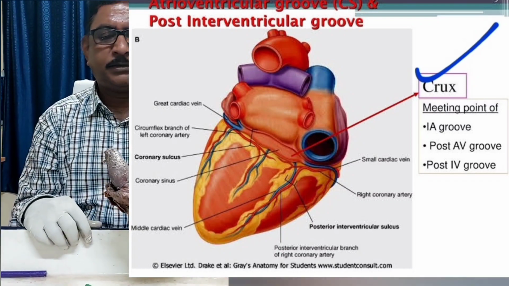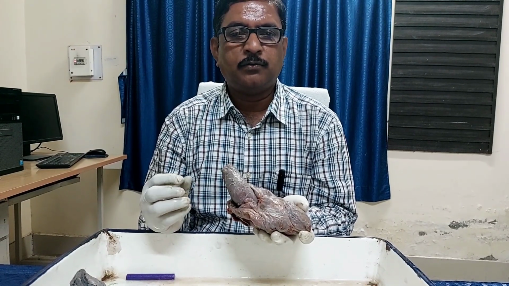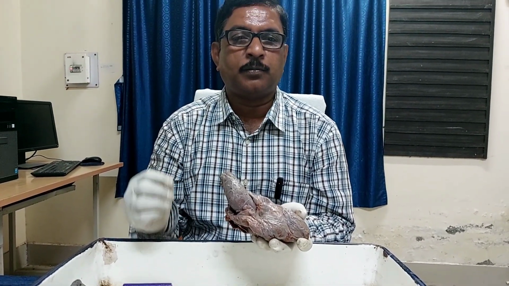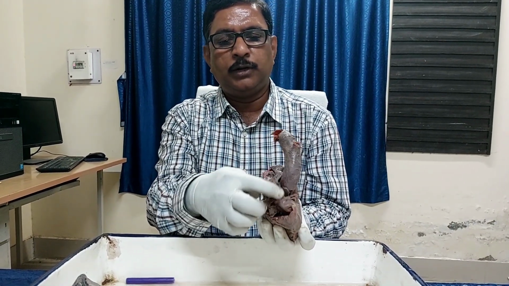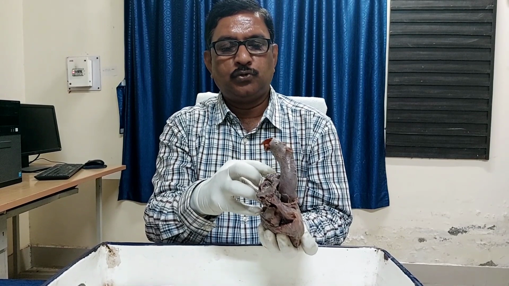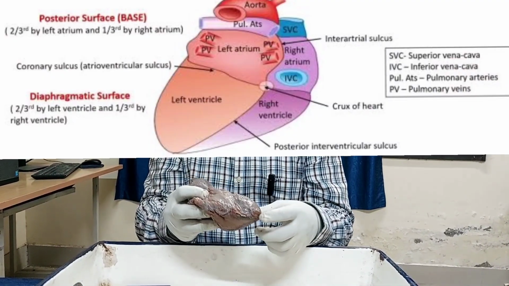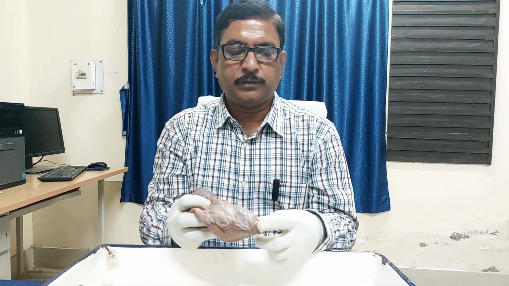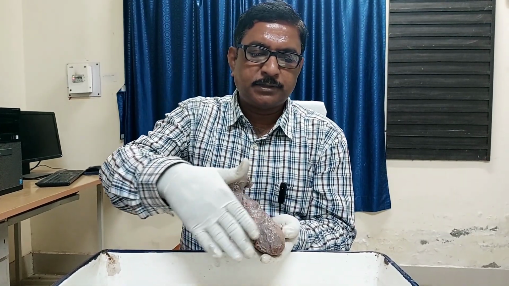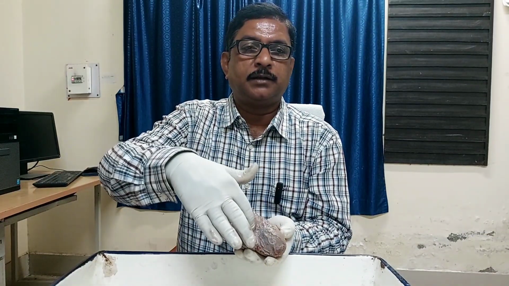Then sometimes it is asked that which part of the heart forms a particular surface or particular border. If I tell you the base is formed only by the atrium, 2/3 by the left atrium, 1/3 by the right atrium. Apex, it is formed only by the left ventricle. This one. Sternocostal surface, it is formed only by the two ventricles, right ventricle and left ventricle.